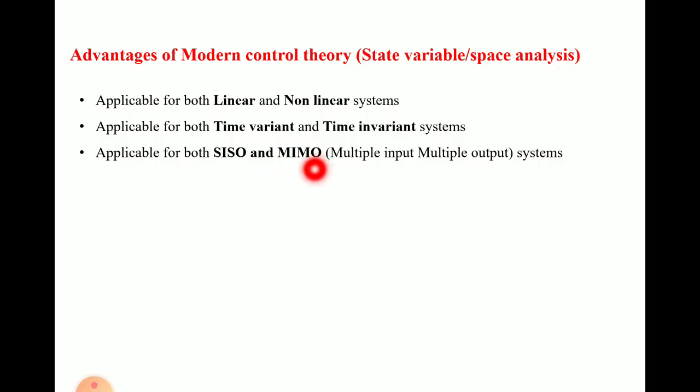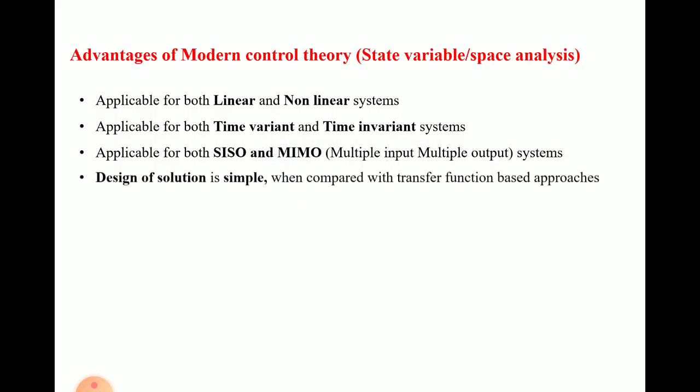Most of the time in real life we will have multiple input multiple output systems. And design of solution is simple. Now can you guess why design of solution is simple? Because we are considering a minimal set of variables, right? So obviously the design of solution will be simple.